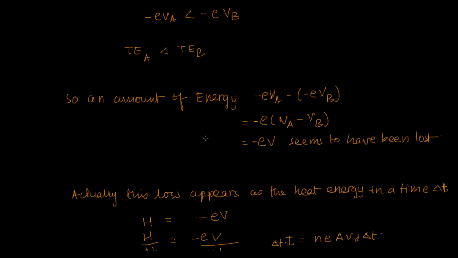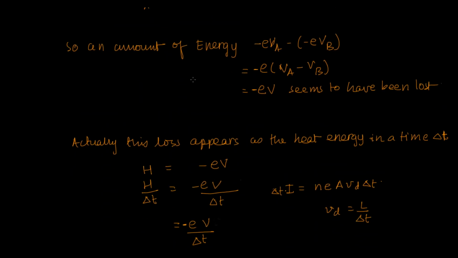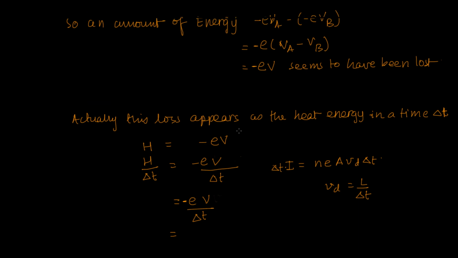Okay, so this is for one electron, right? Now in time delta t, how many electrons go? We have everything within v_d delta t going there. So there's a slight mistake here. The number of electrons that go are v_d delta t into the cross sectional area, that is the whole volume.